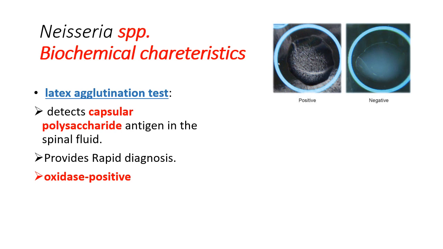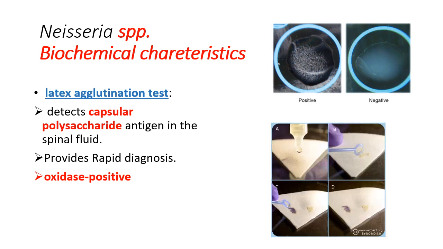Another very important test we use is the oxidase test, and it's actually a test that we use for Neisseria, and it's oxidase positive. Oxidase, as you can see here, is actually a test that detects the enzyme cytochrome C oxidase. So any bacteria that has this enzyme is going to be exposed to a compound.